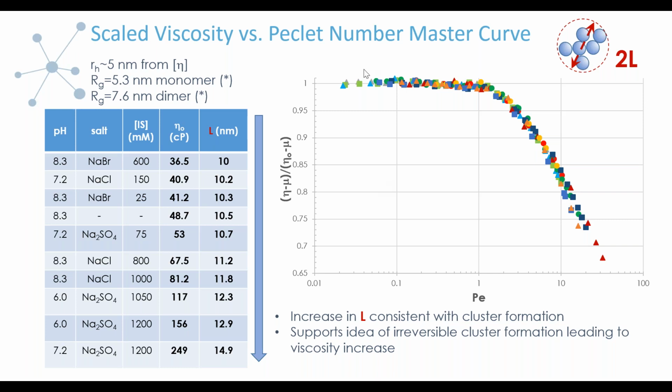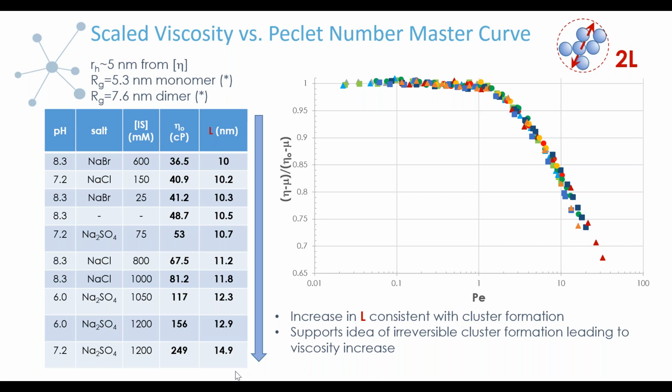So now what do we want to take from this? Let's look at the actual numbers. Just to be fully inclusive, we have all our buffer designations here, but what I really want to focus on is the zero shear plateau and then this length scale that we were able to extract by generating this master curve as a function of Peclet number. What we're seeing is that as low shear plateau viscosity increases, we see a consistent increase in this characteristic length scale, which we believe relates to a cluster or aggregate.